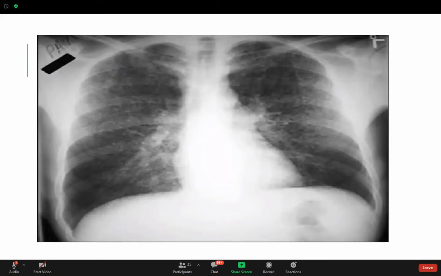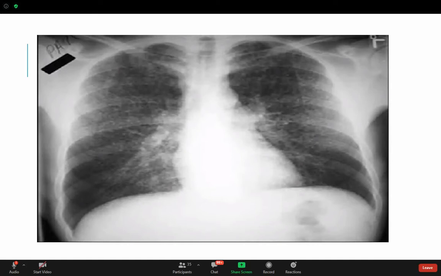I need your help, guys, please. Okay, nodular pattern, okay, good. Where? I'm over the phone. I don't have access to the chest X-ray. Is it in the right? Is it in the left? Is it in the upper?